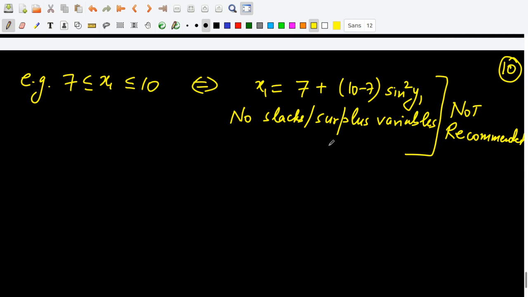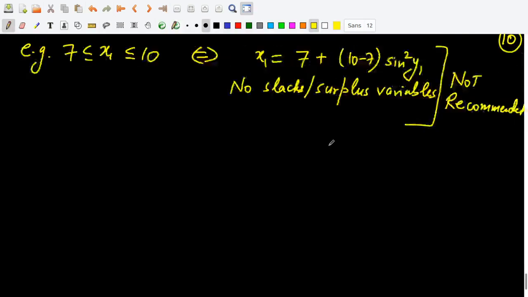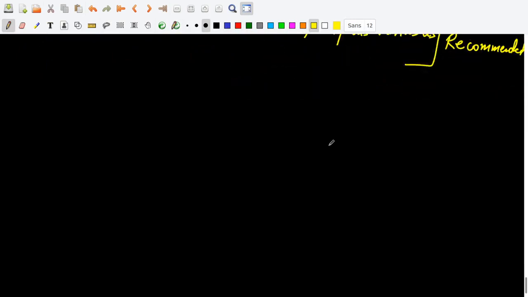Also, sometimes it is very tempting to convert a constrained problem into an unconstrained problem.